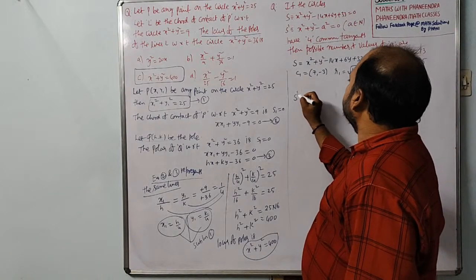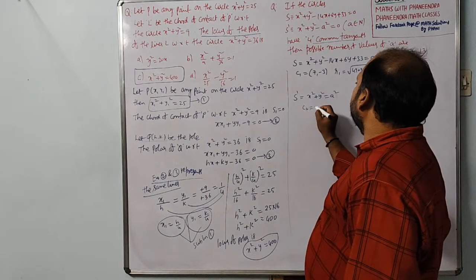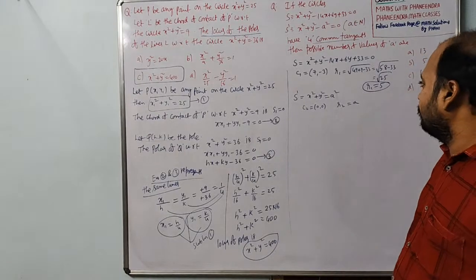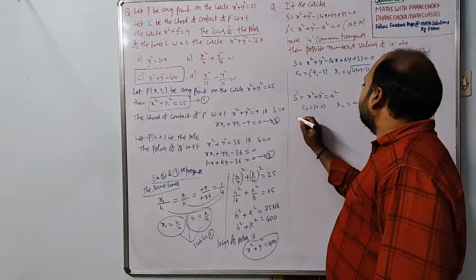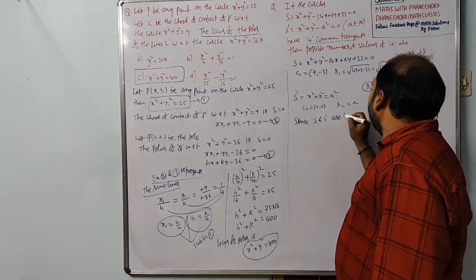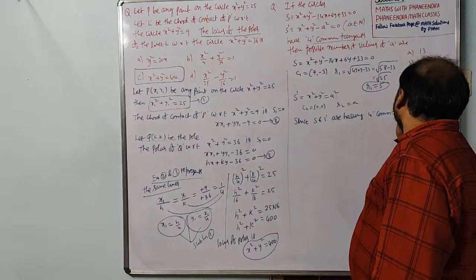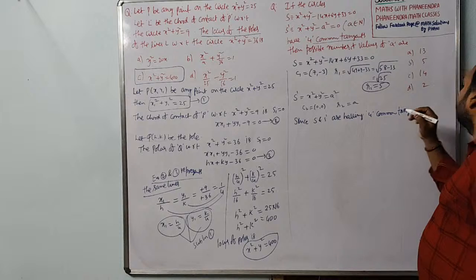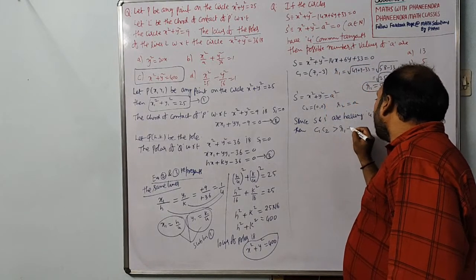Similarly, the second circle S dash, x square plus y square equal to a square: C2 equal to 0 comma 0, R2 equal to a. Since the two circles have four common tangents, we have the condition C1C2 is greater than R1 plus R2.